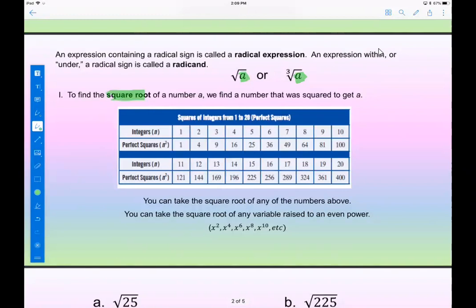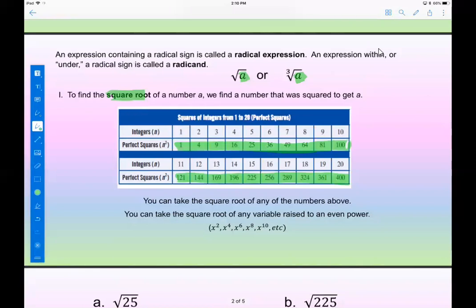For example, when we look at our list of numbers, 1, 2, 3, 4, 5, 6, 7, 8, 9, 10, when we square them, we end up getting these perfect squares listed below. Same thing with 11 through 20. These numbers here are perfect squares. I would suggest that you memorize them so that you can easily identify them.